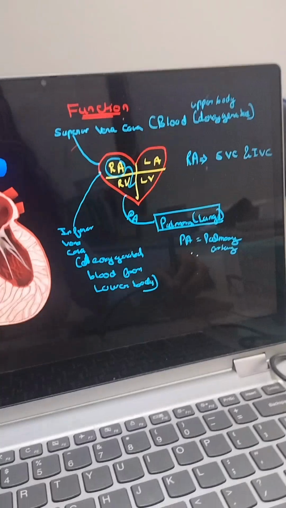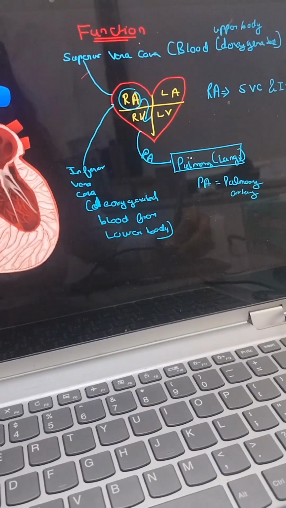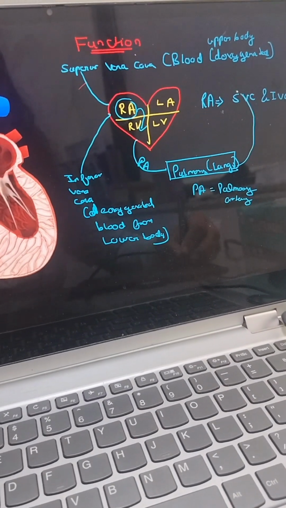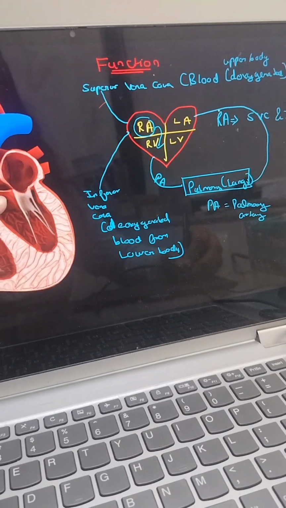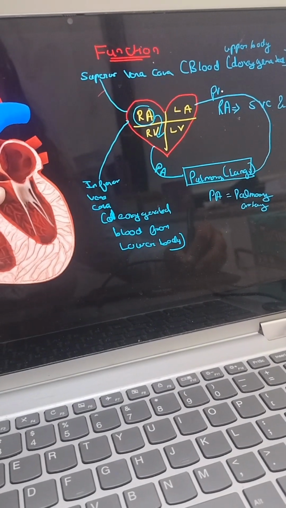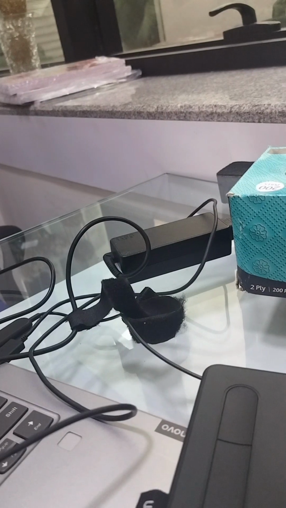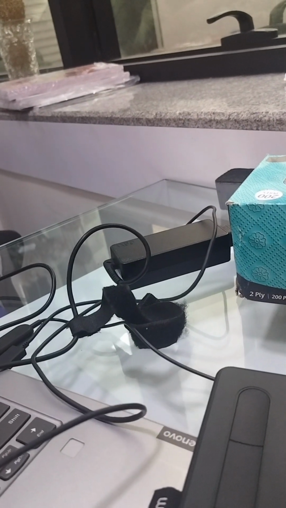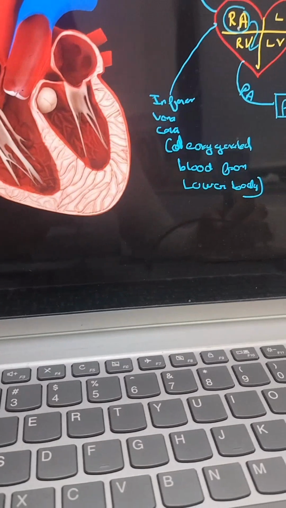And similarly, from the lungs it goes to the left atrium as pulmonary veins. The PV stands for pulmonary veins. Okay, this is how it is.